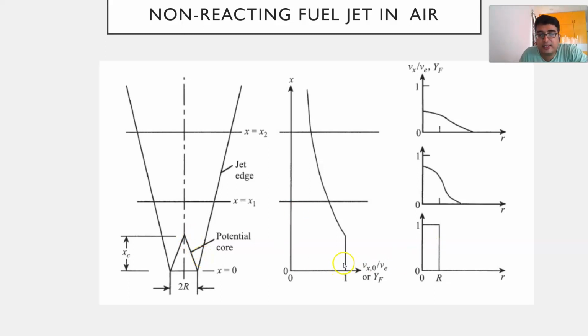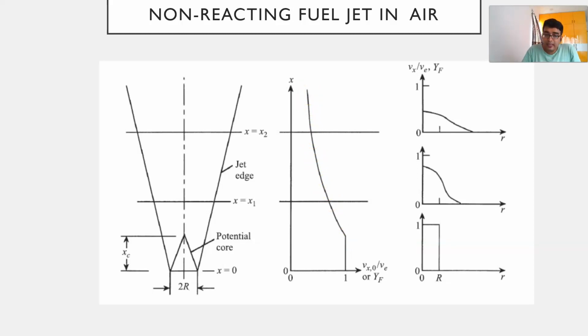So the velocity Vx0, that is Vx at r equal to 0, up to this potential core point xc, this Vx0 by Ve is 1, and then it begins to drop off. This dropping is because the mixing effect is now into the axis, and this becomes greater and greater. So you have this slow drop off of the velocity profile.